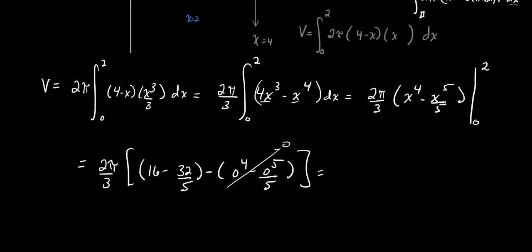So we're going to have 2 pi over 3 times 48 fifths, like such. And this will simplify to 32 pi all over 5. So just to make sure I'm correct, I'm just going to check myself. And I feel really good about 32 pi over 5.